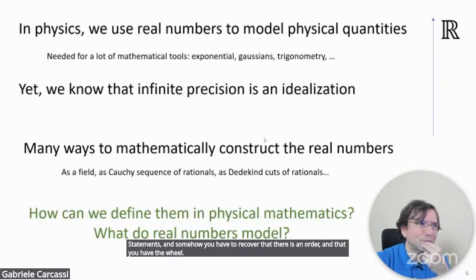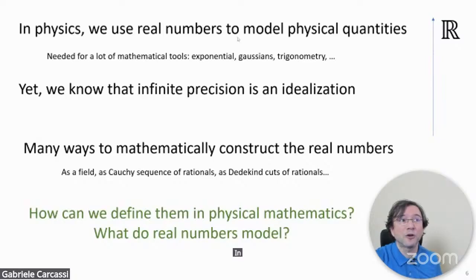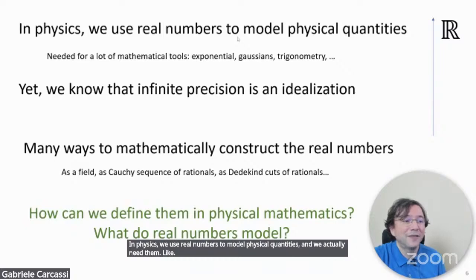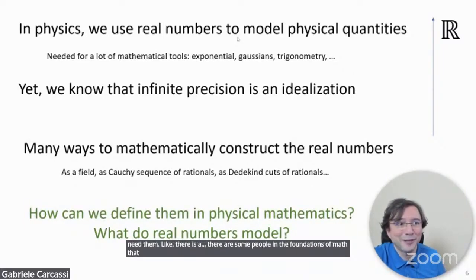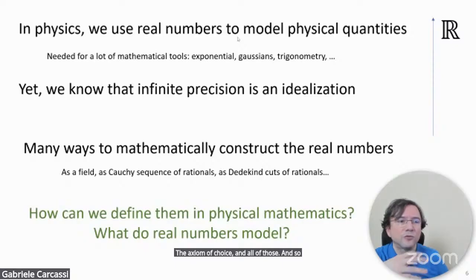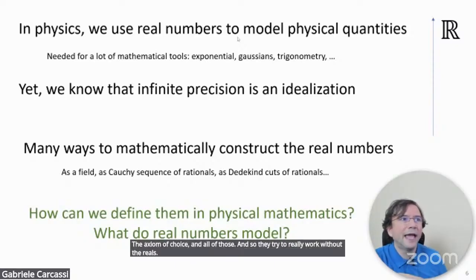So in physics, we use real numbers to model physical quantities, and we actually need them. There are some people in the foundations of math that hate the reals, hate the axiom of choice, and all of those, and so they try to really work without the reals.